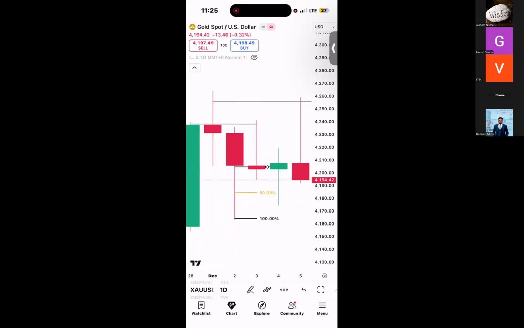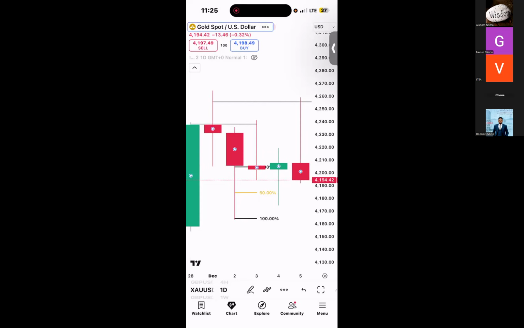So now, because Thursday tells us that price still needs to go higher, right? That's what I'm explaining to you. Thursday told us that price still needs to go higher because it failed to close down. So now the 50% will be a point of interest for you to look for buying opportunity.